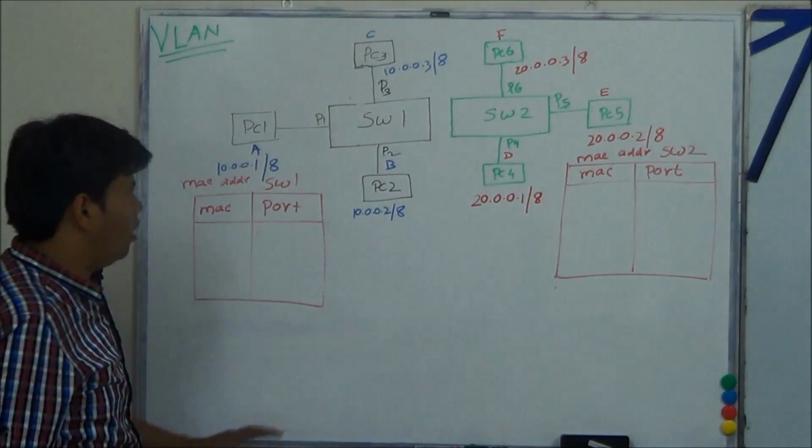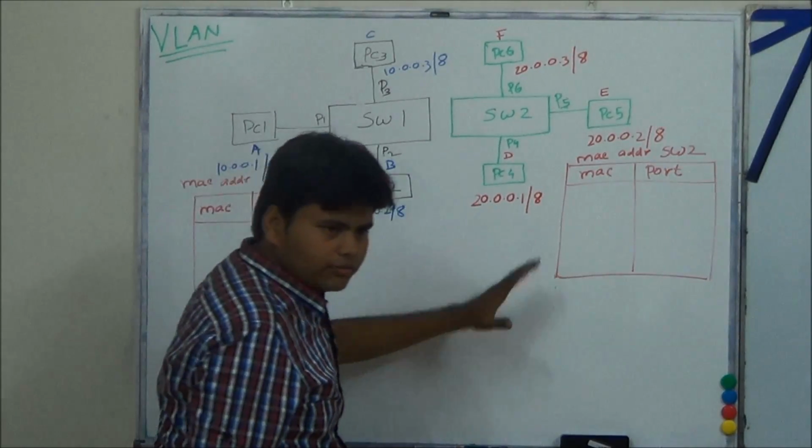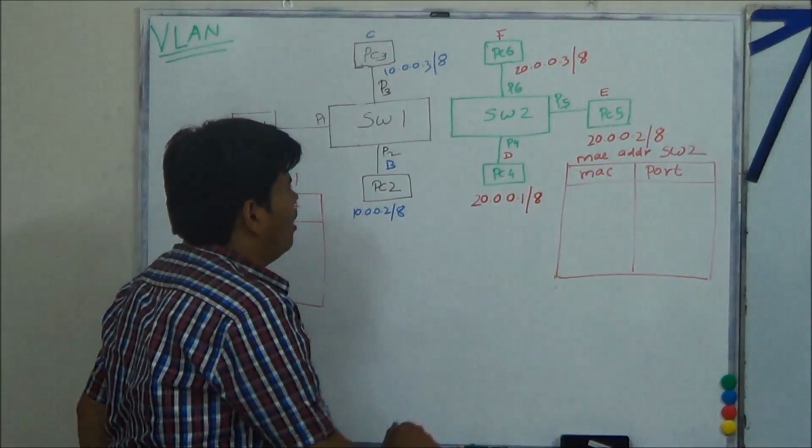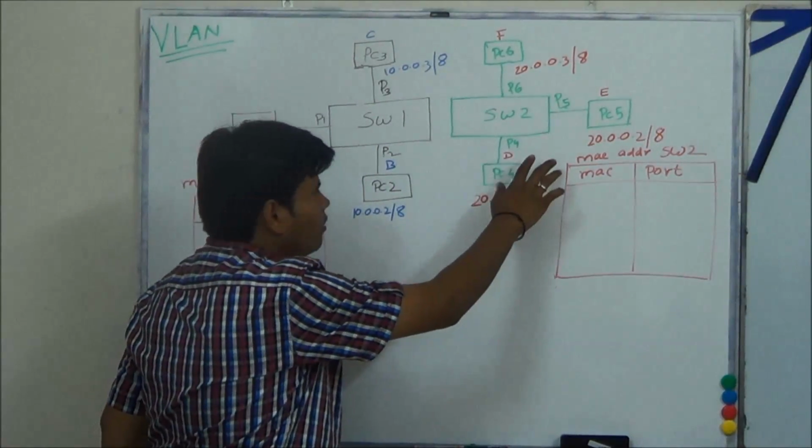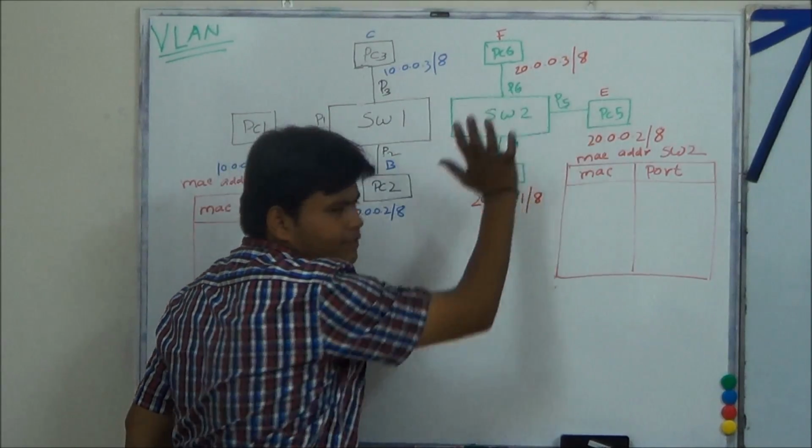Now we have another switch called switch 2. It has three ports: P4, P5 and P6.